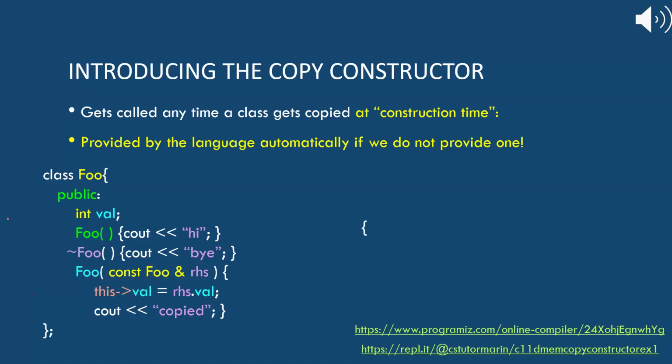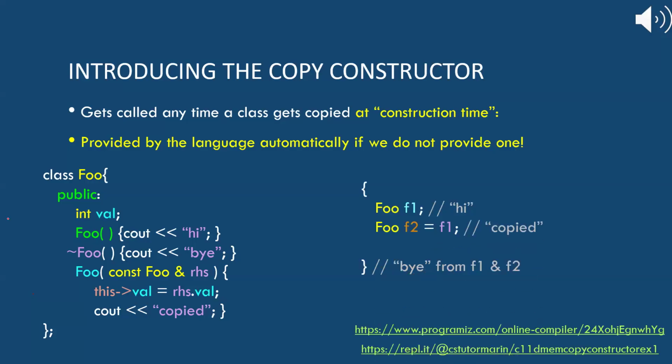So how do we trigger that thing? We would say foo f1, foo f2 equals f1, okay? So this triggers the copied message down here because this becomes the right-hand side of that equals, right? So f1 is the right-hand side getting passed into our constructor, and we're just seeing it in a slightly different form, okay?